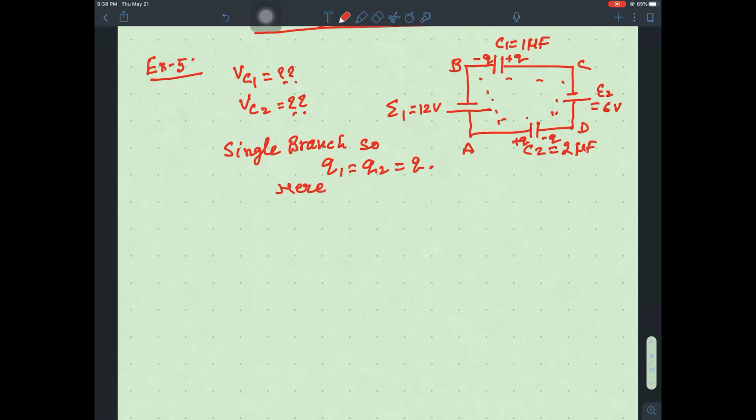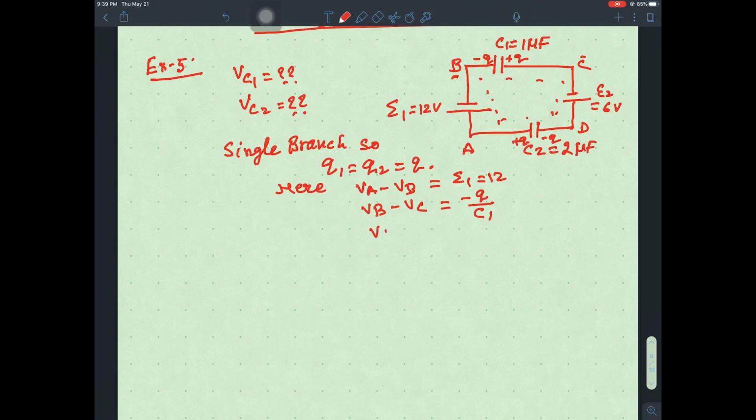Here this point is at higher potential because this is plus, this is minus, so VA minus VB is equal to E1, that is 12 volt. Then VB minus VC is equal to, now you see this one is lower potential and this one is at higher potential, so it is minus Q by C1.